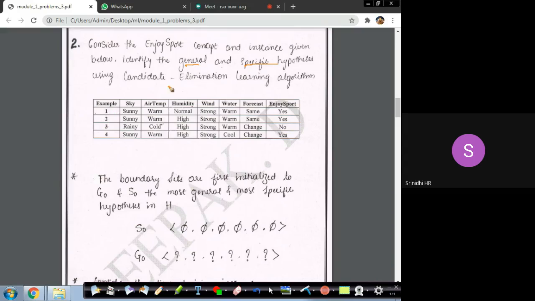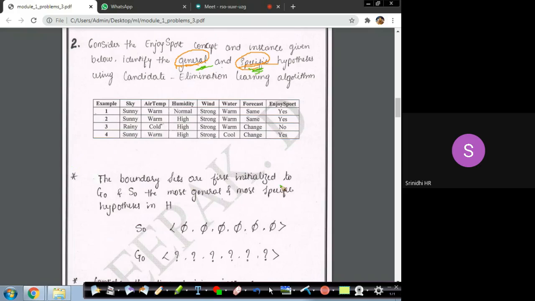So you have to apply your candidate elimination algorithm, and then you have to identify the most general hypothesis and also the most specific hypothesis. What is the most general thing and what is the most specific thing here?